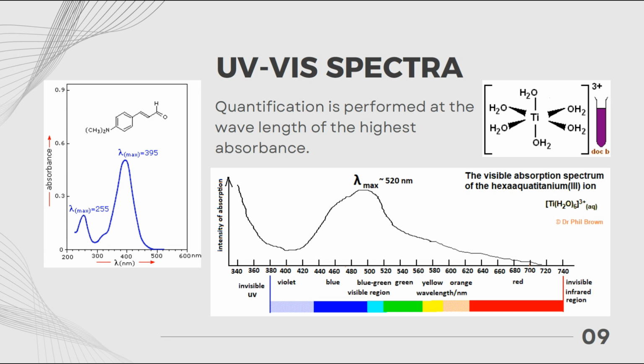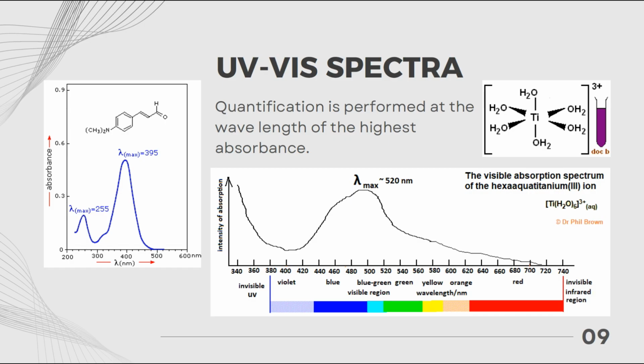And here you may also see the example of the aqua complex of titanium 3 ion. It's a very nice picture because you also see colors here, of course invisible ultraviolet radiation for us, violet, and up to the red.